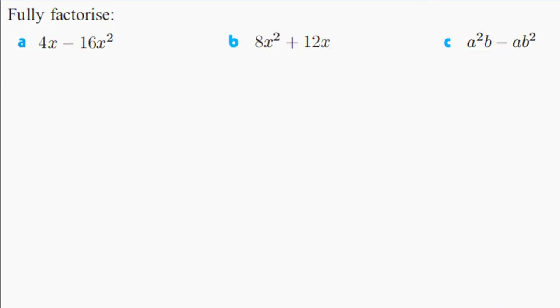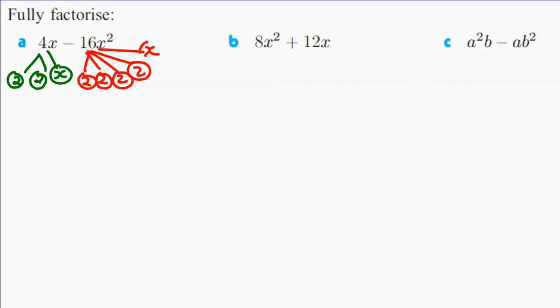Here is another question. Start by finding the factors of each of these terms. On the left, we have 2, 2, and x. On the right, I have several lots of 2: 2, 2, 2, 2, and then x and x.